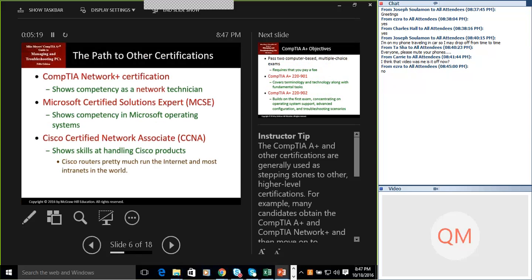And then CCNA is the Cisco Certified Network Associate, shows the skills in handling Cisco products. And those are outside of the CompTIA certifications. The MCSE and the CCNA are ones that you will hear people talk about getting as the next step after the A+.